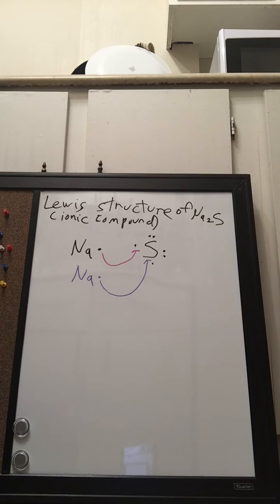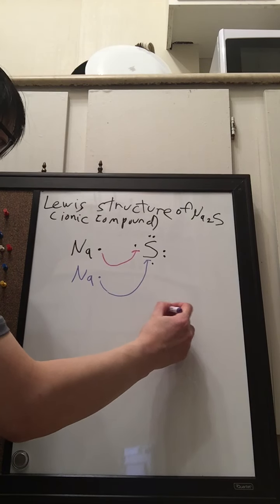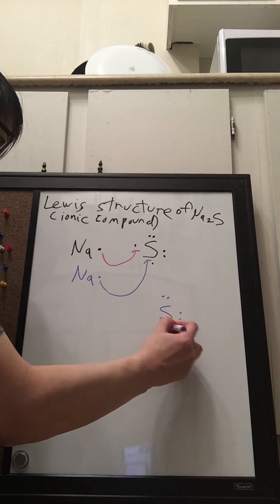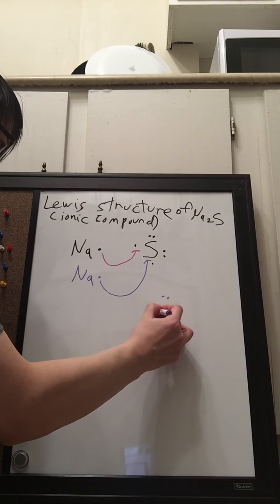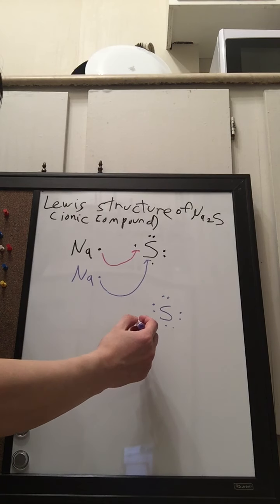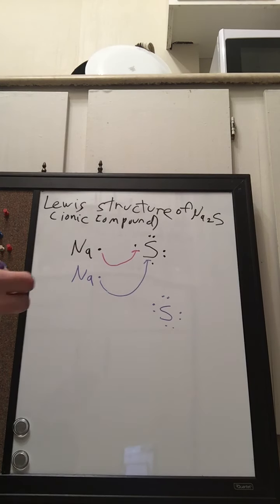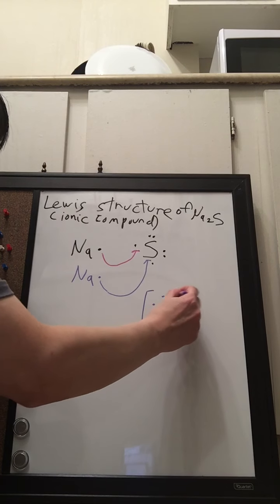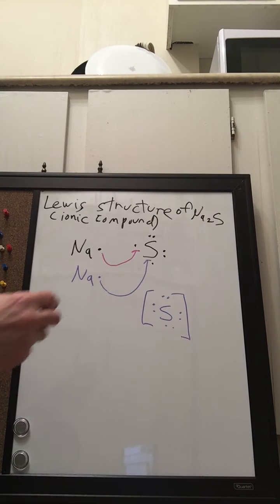Now, what we get for that is sulfur with the octet, and because sulfur gained electrons, it becomes an ion, and the symbol for ions is the brackets.